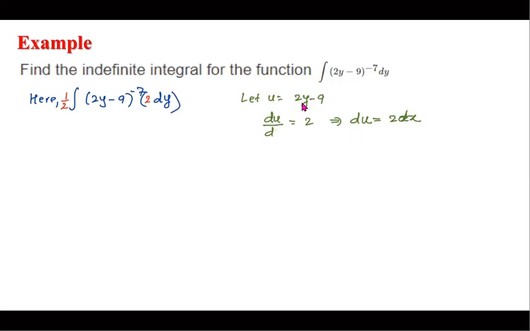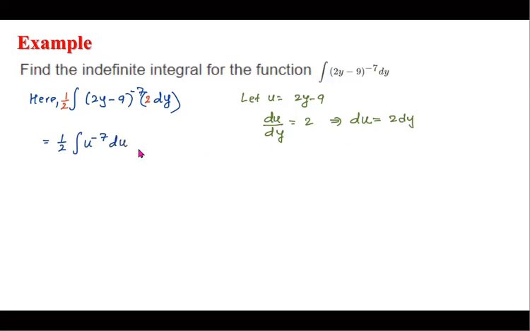So du over dy is 2, and du will be 2 dy when you multiply. And this 2 dy is the second parenthesis that is there. So we can make that substitution. We get half, and then the integration of u raised to negative 7, and then 2 dy is du.